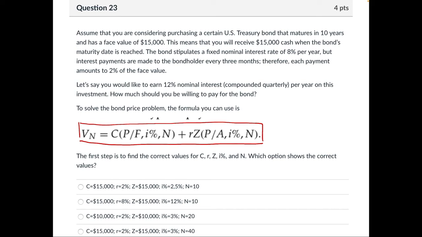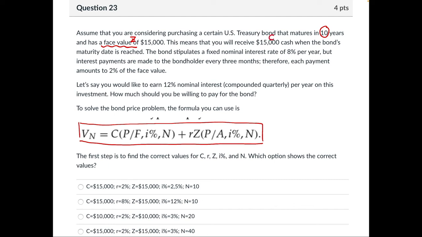So let's just read through this statement. Assume that you are considering purchasing a certain U.S. Treasury bond that matures in 10 years. That is the number of years, and it has a face value of 15,000. Face value is Z. This means that you will receive 15,000 cash when the bond's maturity date is reached.